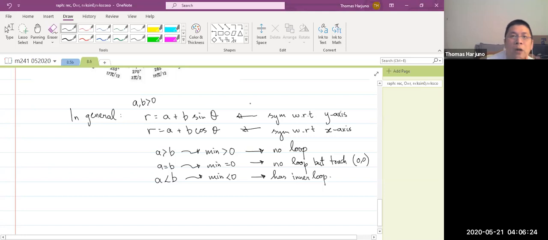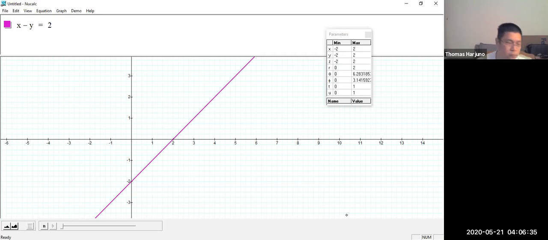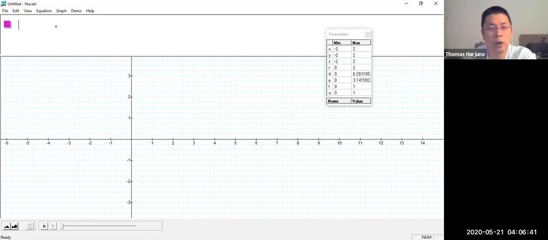Okay, now let's do graphing. This way we can do it a lot faster. Suppose I have r equals 4 plus 2 cosine theta.